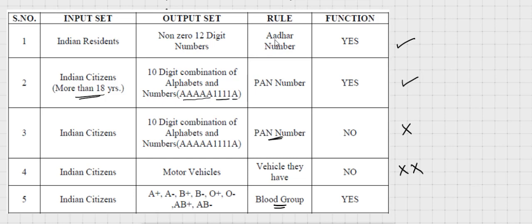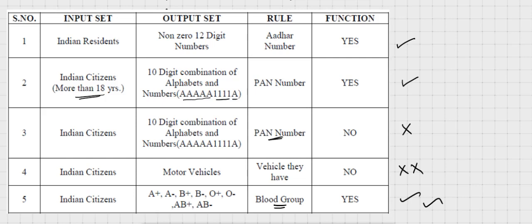So first condition is satisfied, right? What about the second condition? One should have only one output. One will have only one blood group, right? One person will not have two blood groups. Am I right? So this is a function.